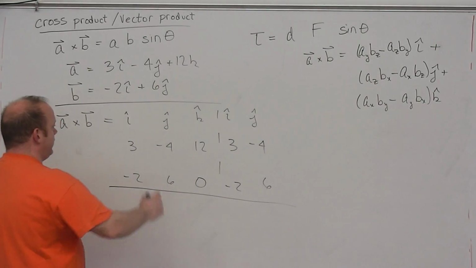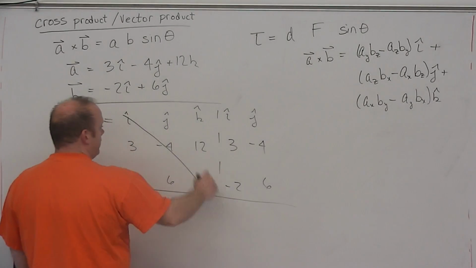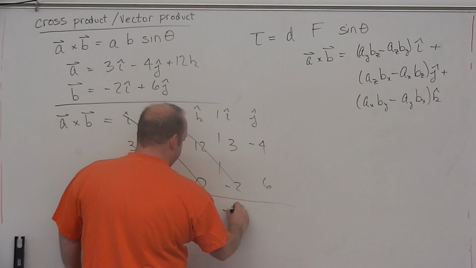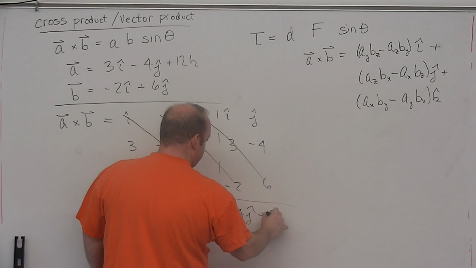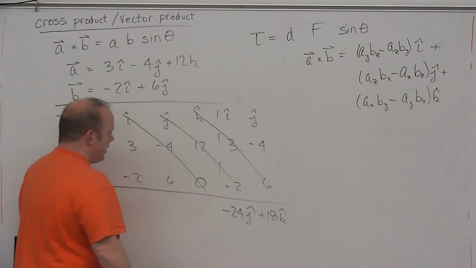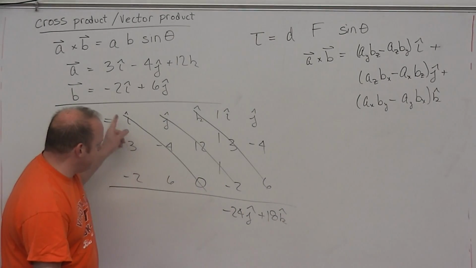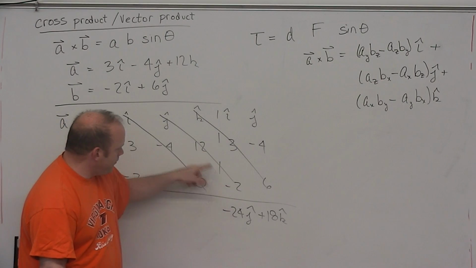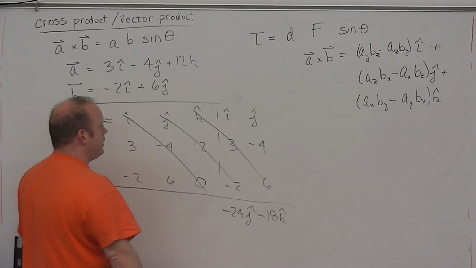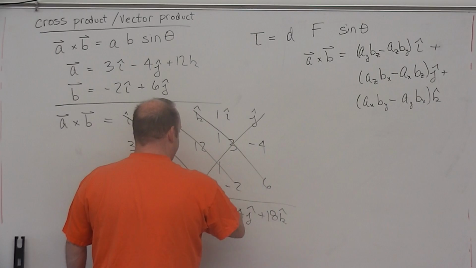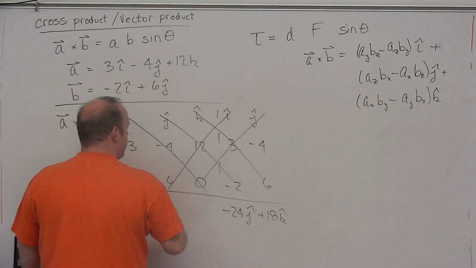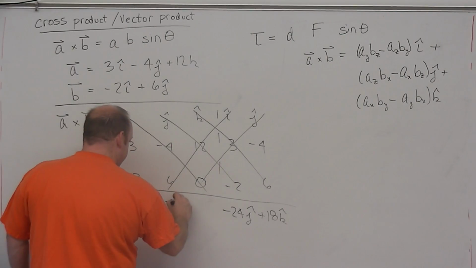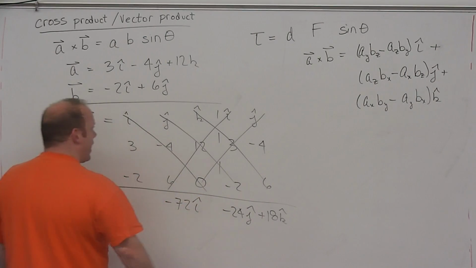So now, I do it this way. That gives me 0. This gives me negative 24 j hat plus 18 k hat. This is negative not because it's negative going in that direction, but because it's 12 times negative 2. Going this way, I get 0. This is going to be negative 72 I hat.